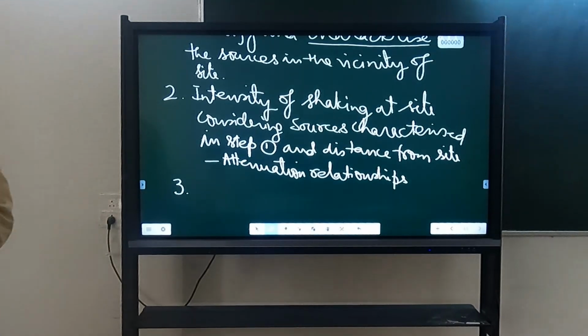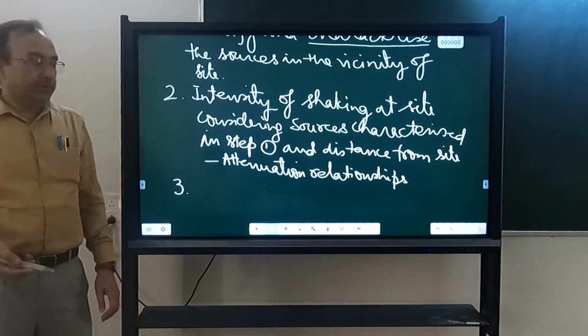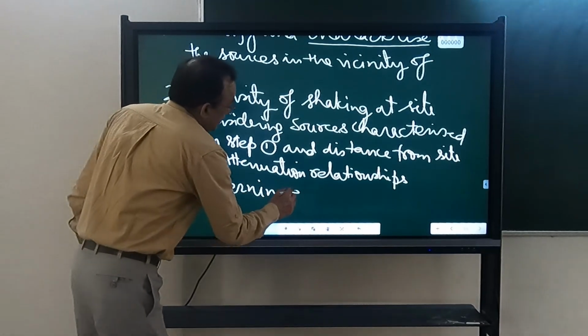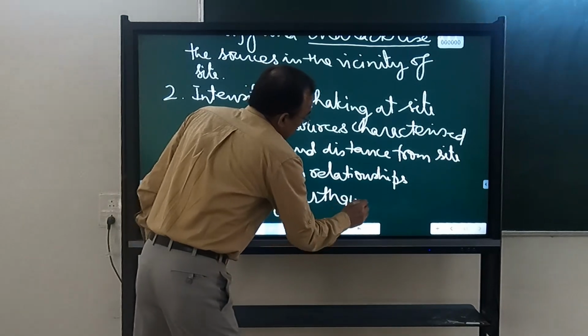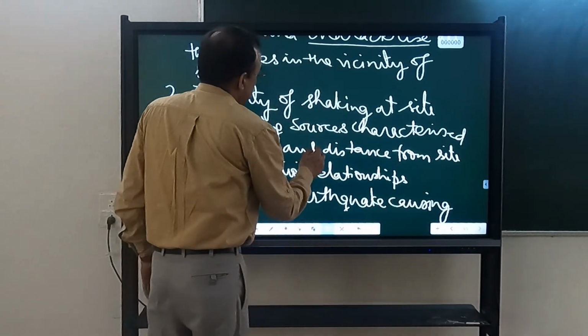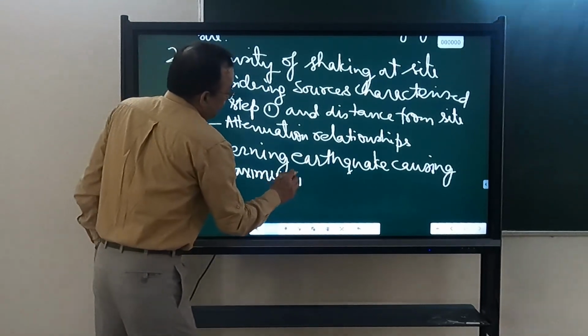What is meant by intensity? If I say I am calculating intensity, then what am I actually calculating? I can calculate PGA, PGV, PGD, or I can calculate the response spectrum itself. All these are measures of intensity. So any of these or all of these I can calculate. Then I will identify the governing earthquake causing maximum intensity.